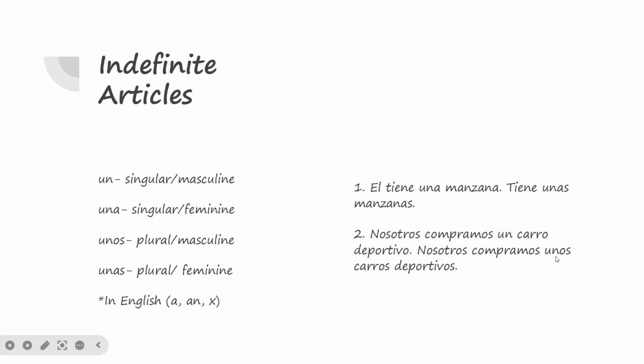We buy some sports cars, or we buy sports cars. That is what it would mean. So we could say some sports cars, or we could say sports cars, no? Something like that. So it's the same thing here in Spanish. When we say unos, we're referring to some, or just the plural form of the indefinite articles. So that is it. Un or unos when it's plural, una or unas, depending on if it's masculine or feminine.